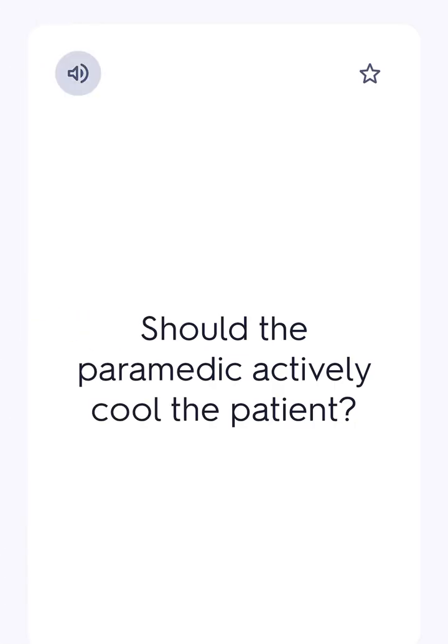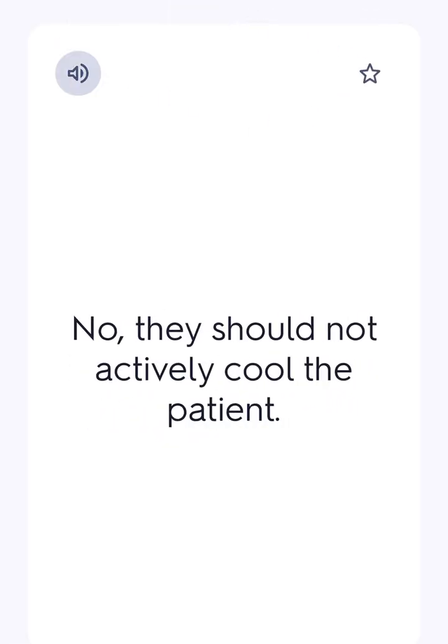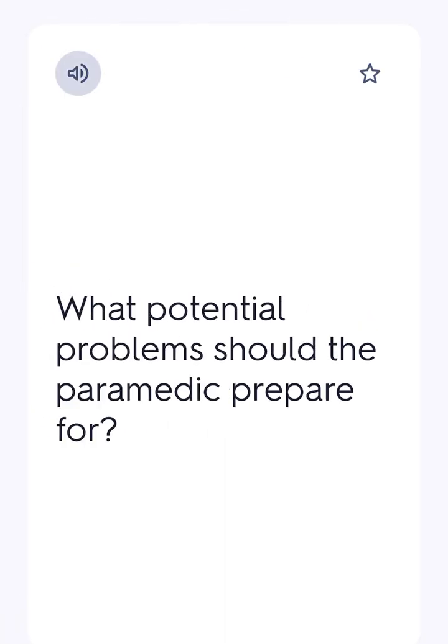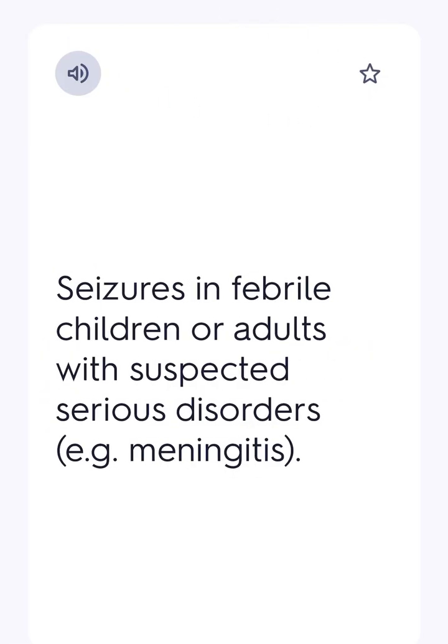Should the paramedic actively cool the patient? No, they should not actively cool the patient. What potential problems should the paramedic prepare for? Seizures in febrile children or adults with suspected serious disorders.